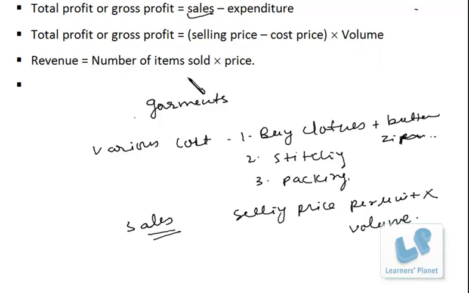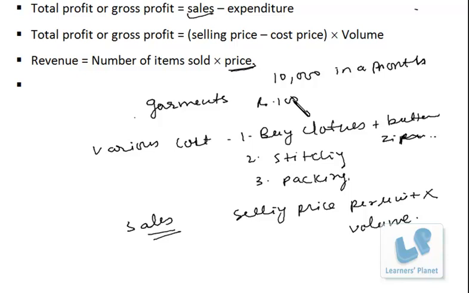That is the number of items sold into price. Suppose this company is manufacturing shirts, and they are selling 10,000 shirts in a particular month, right? Now suppose the selling price of each shirt is maybe 100 rupees.